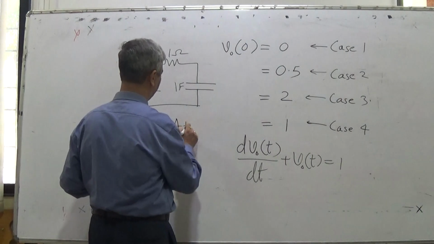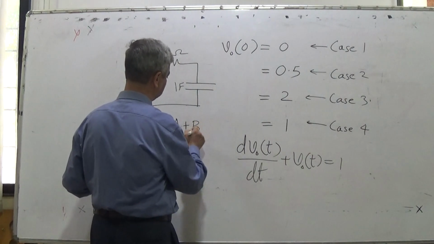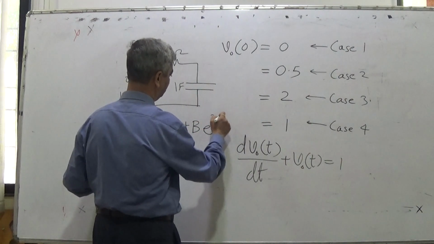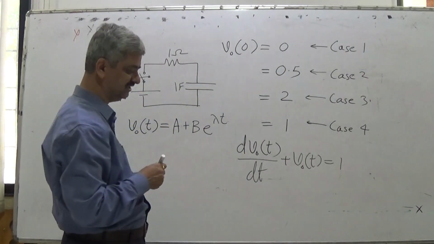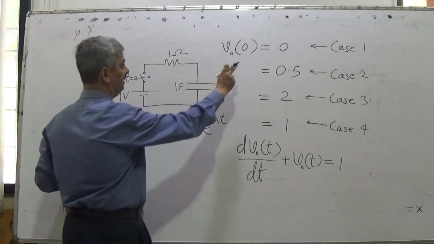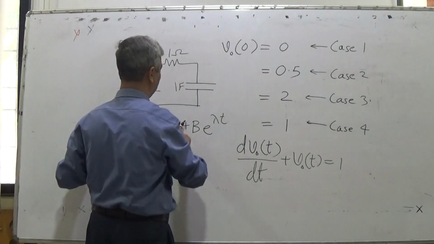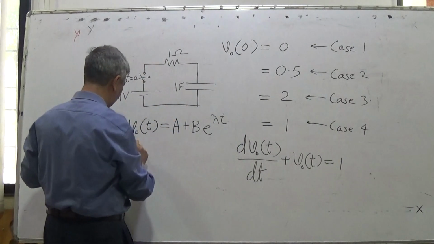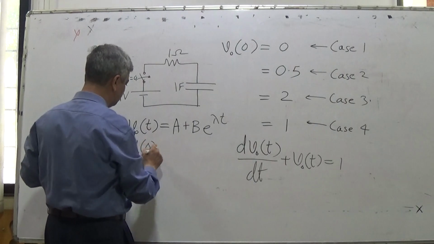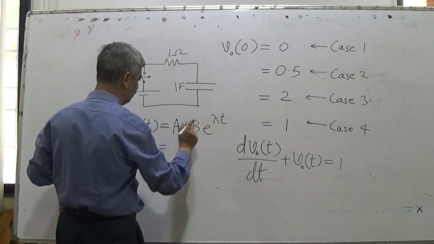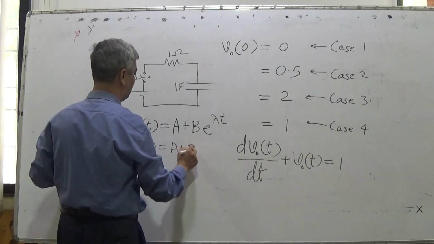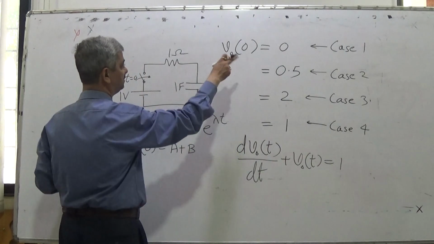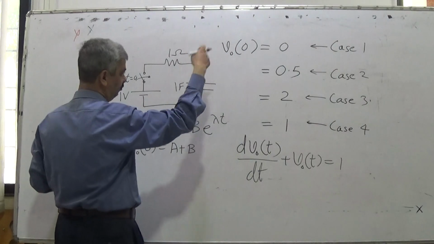Same means same type, e raised to lambda t. But now we use different initial conditions. So when we use this a plus b, VO(0) at t equal to 0, this is 1. So a plus b. And it was 0 which gave rise to b equal to minus a.